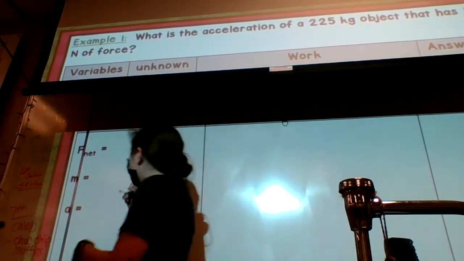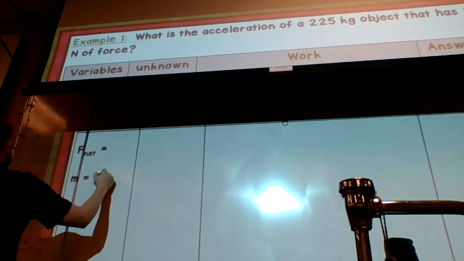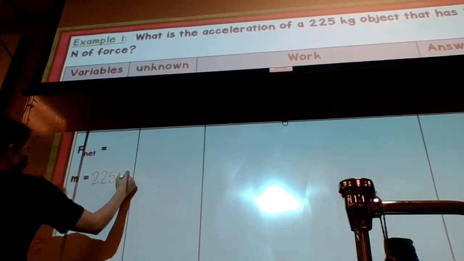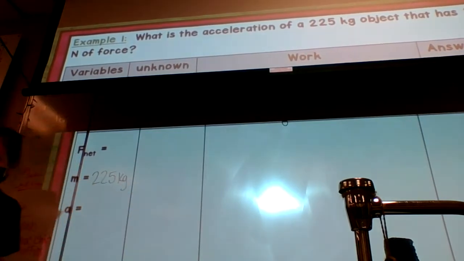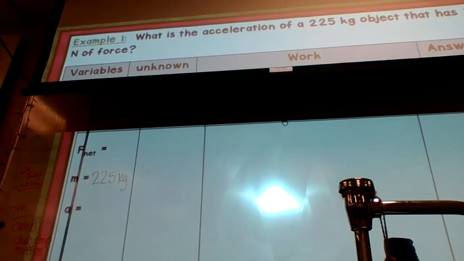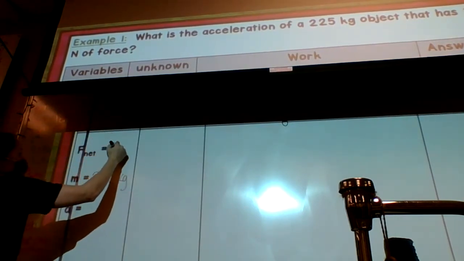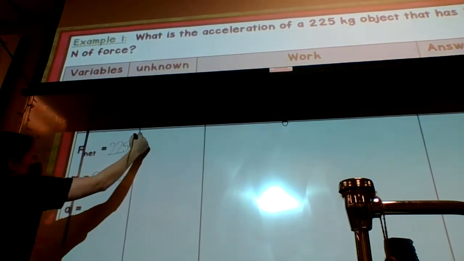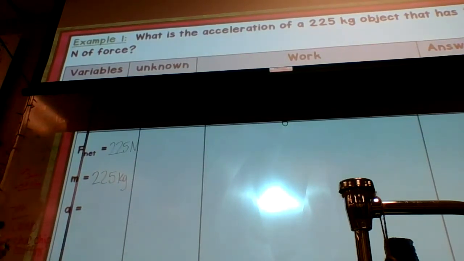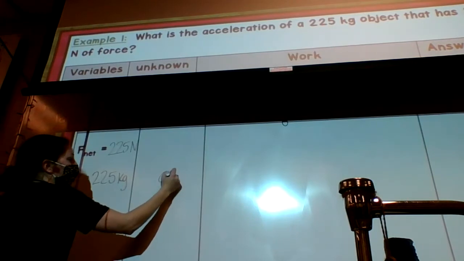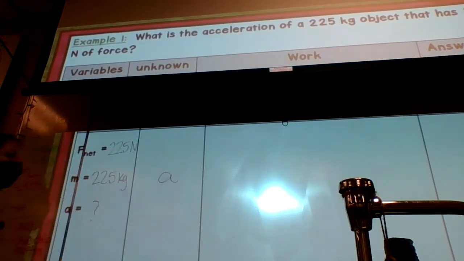That's M. And what about 225 newtons? That's force. Big N is force. So I am looking for A. That's my missing variable.